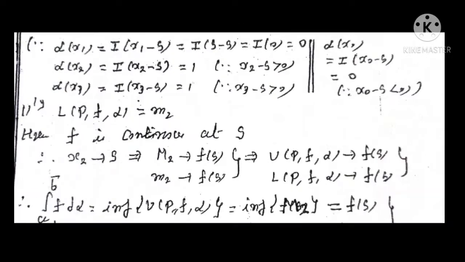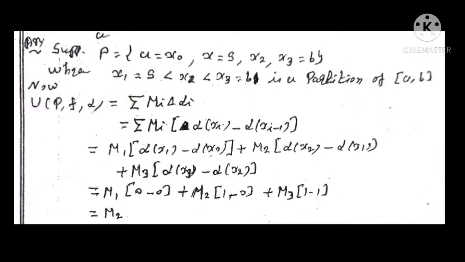Now in the same way alpha x3 is equal to I(x3 minus s) and x1 is equal to s less than x2 less than x3 is equal to b. So therefore x3 minus s greater than 0. Therefore alpha x3 is equal to 1.